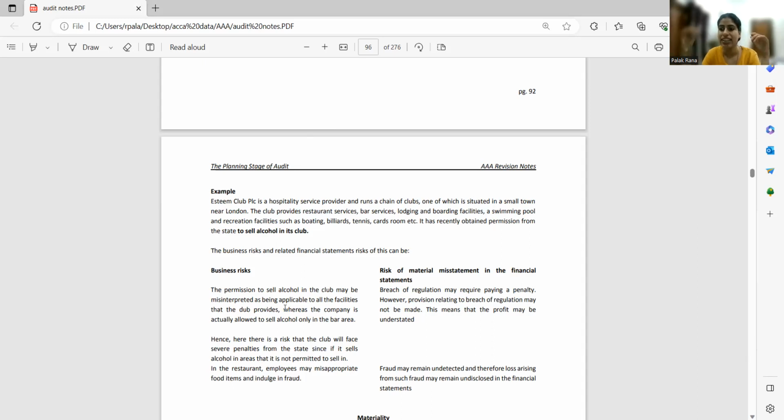If I served alcohol near the tennis room or near the swimming pool area, which was not allowed, the government can impose a penalty on me, and if a penalty is imposed, that can impact my goodwill. So there is a disruption in the routine nature of the business.